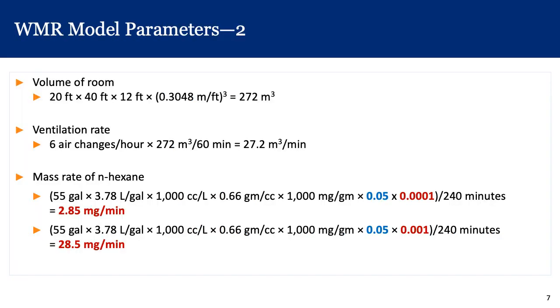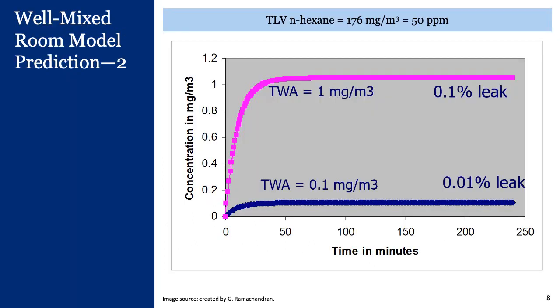Now let's do the same thing for N-hexane. The volume of the room and ventilation rates are the same as before. For the mass rate of N-hexane, the one thing we need to keep in mind is that N-hexane is just 5%. So we get a mass rate of 2.85 milligrams per minute in one case and 28.5 milligrams per minute in the other case for the different leak rates. Again, we plot the concentration versus time for N-hexane.